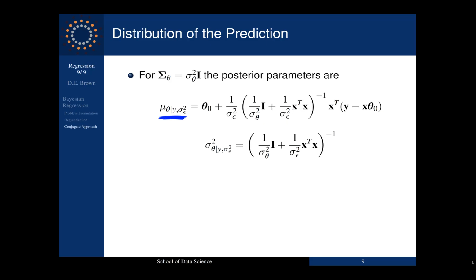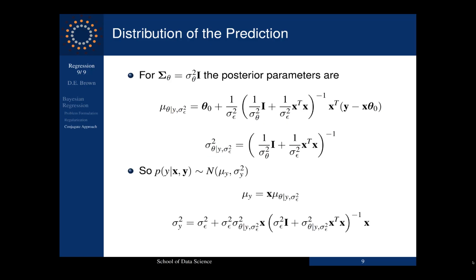This is the mean and the variance parameter for the posterior distribution that we found, and that then can be used to give us the distribution for the prediction, and that also is Gaussian. And now the parameters are as shown. And notice that the parameters are based upon the posterior parameters that we obtain for theta given the data, and that's how we find the distribution of the prediction.